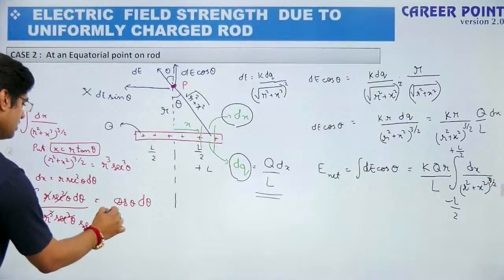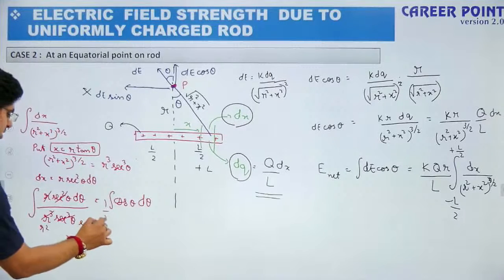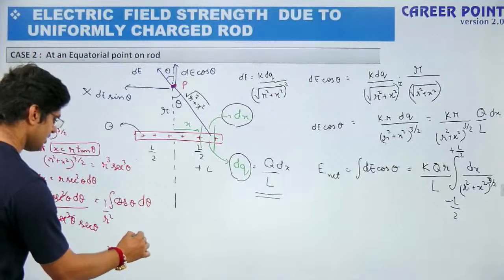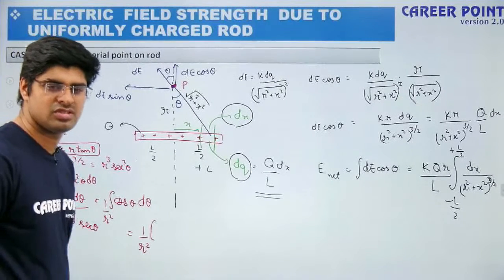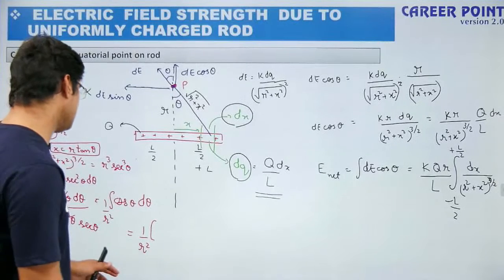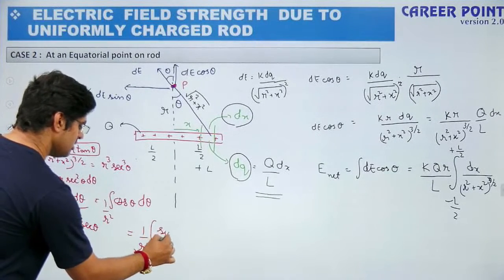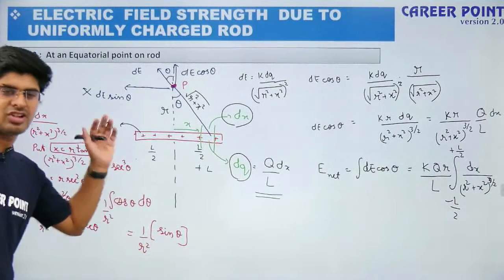The value of this will be integration of cos theta with respect to theta, and 1 by r square will be outside. So from here we can see that 1 by r square into integration of cos theta is given by how much? Integration of cos theta is sin theta, because differentiation of sin theta is cos theta.